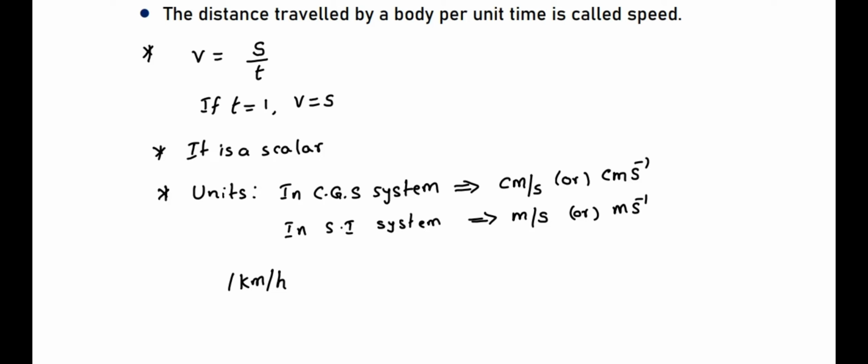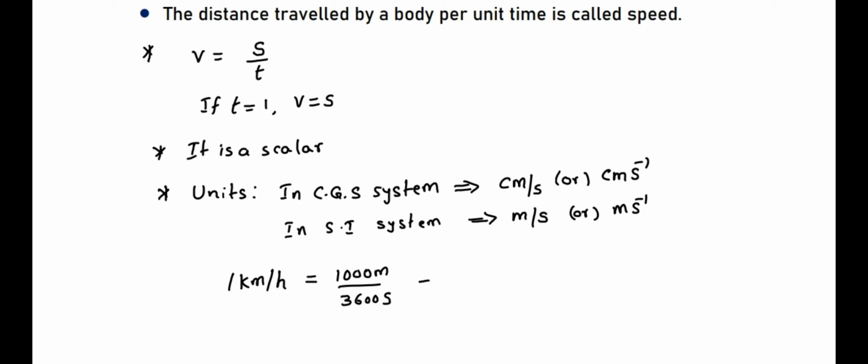If you are converting this into the SI system, 1 kilometer is 1000 meter divided by 1 hour. 1 hour you can write 60 minutes, and 60 minutes you can write 60 into 60 seconds. So, in the denominator you will get 3600 seconds. 1 kilometer is equal to 1000 meters, 1 hour is equal to 3600 seconds.